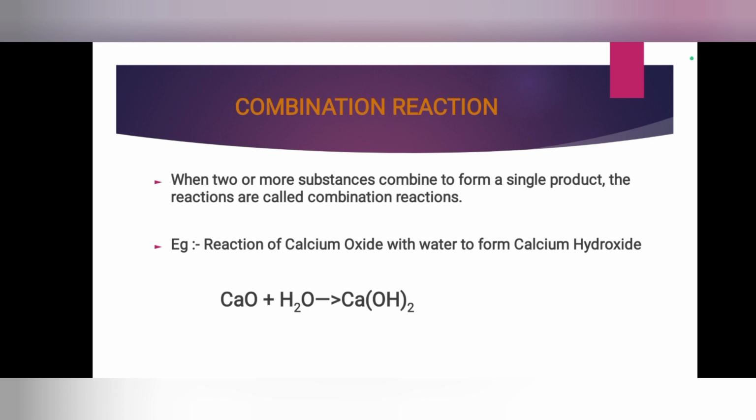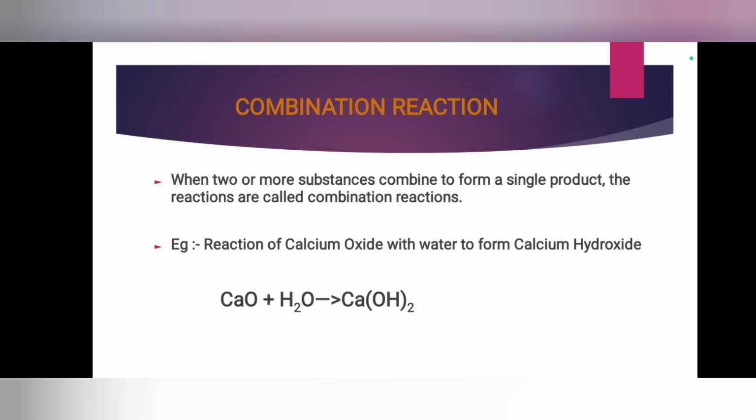I have used the term reactants. What are reactants? Reactants are the substances which combine together to form the product. So when two or more reactants combine together to form a single product, it is known as a combination reaction.